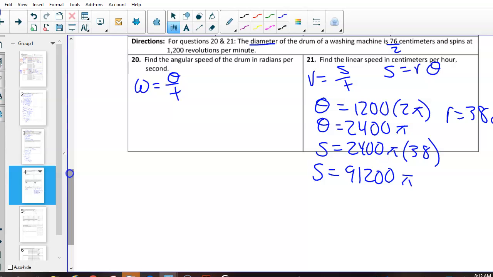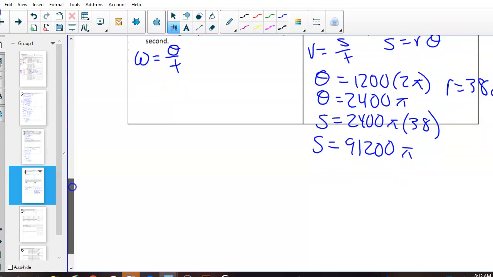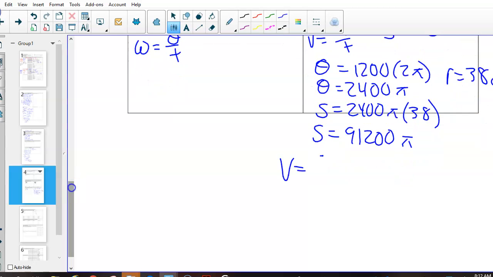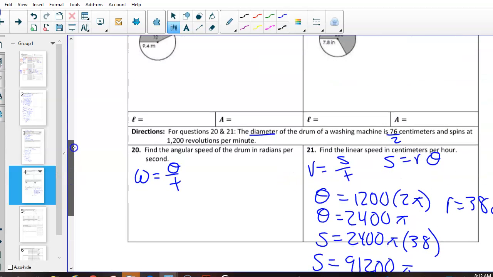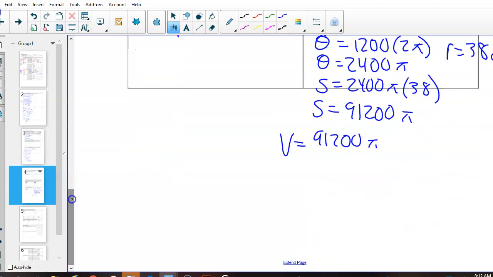Our V is then S over our T. But this is in centimeters per minute right now.